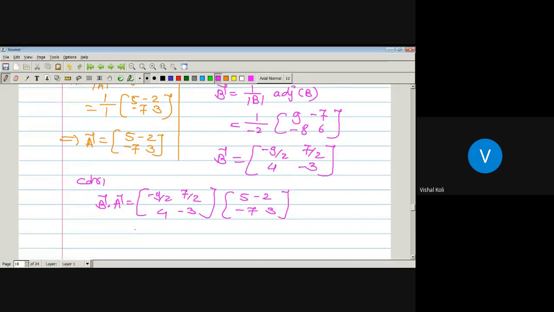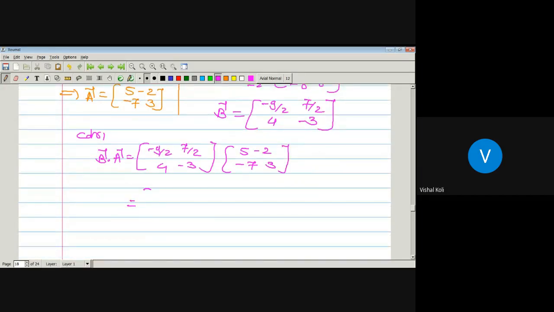Let us find out: minus 9 by 2 into 5, which is minus 45 divided by 2, plus 7 into 7, which is minus 49 divided by 2, minus 9 by 2 into minus 2, which is minus 9, plus 7 by 2 into 3, which is 21 divided by 2.